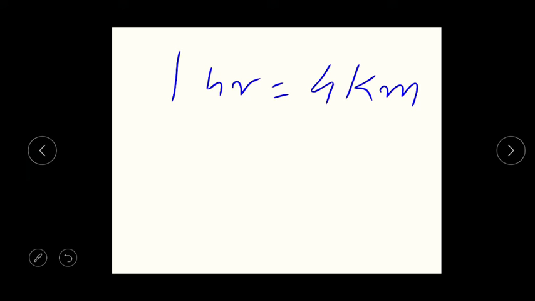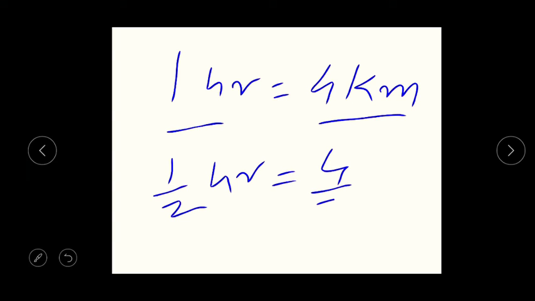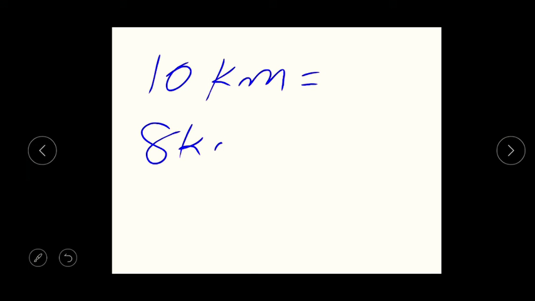We know in 1 hour it can travel a distance of 4 km. So in half hour we can say that it can travel a distance of 2 km. From that we can say that for 10 km, that is 8 km plus 2 km, we have already calculated a time.